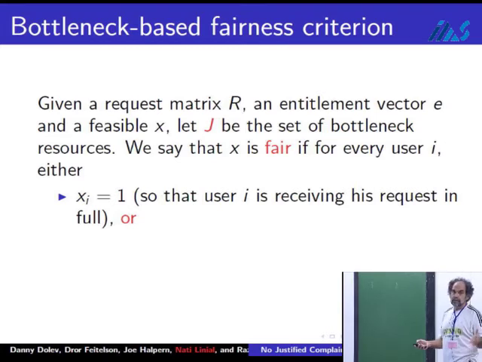What we want is to make sure that we somehow satisfy each user, or that, as the title of the talk says, no user has any grounds for complaining about the fairness of it. So one possibility, we're looking at user i: perhaps x_i is 1. In other words, you got what you asked, and there is no reason to complain.